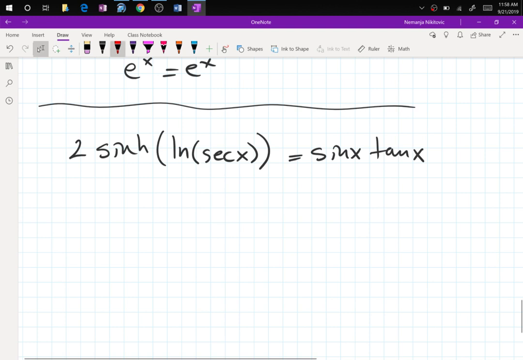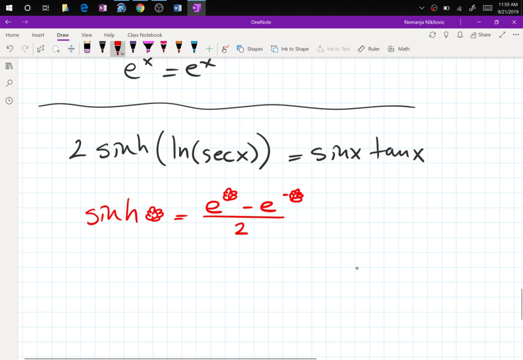Well, I'm going to write the definition here, and I'm going to use a flower instead of x. So sine hyperbolic of a flower is equal to e to the flower minus e to the minus the flower divided by 2. Why am I using a flower?